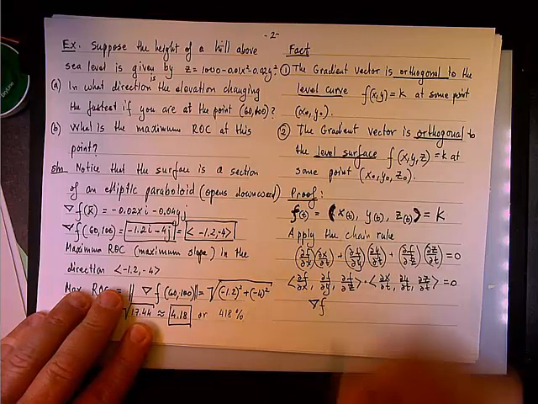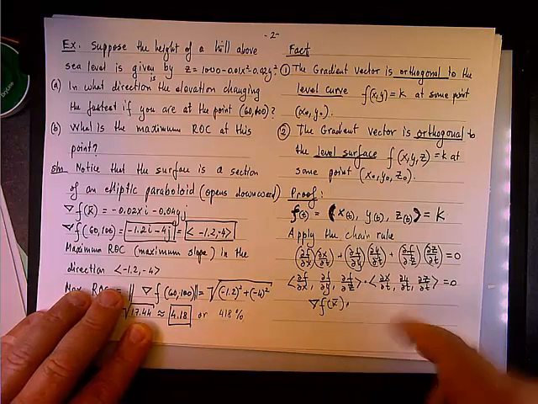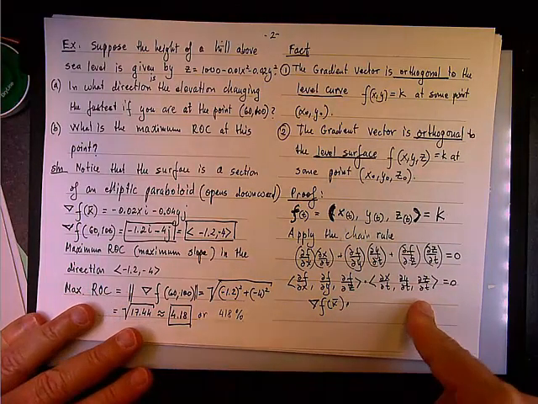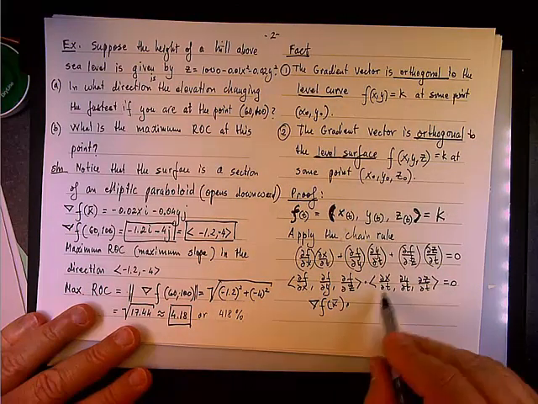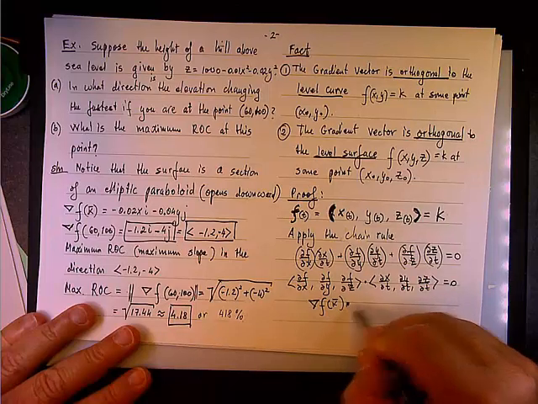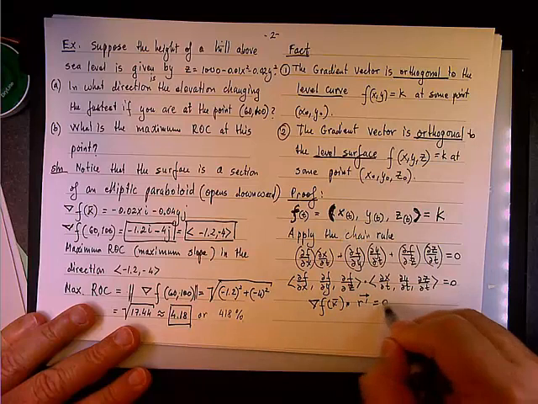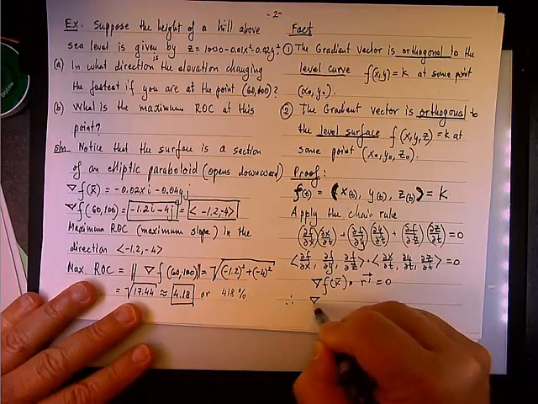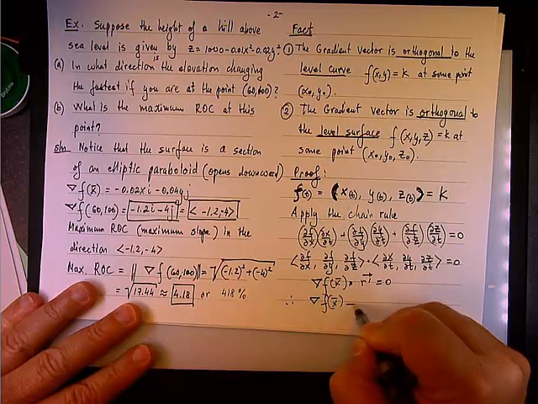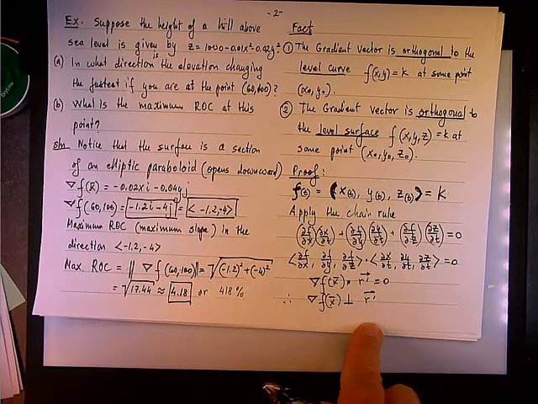On the left side, what we have is the gradient of f. What is the other one? What is del x, del t, del y, del t, del z, del t? What kind of vector is that? It's the derivative of a vector r, and the dot product is equal to 0. So the conclusion is the gradient vector is perpendicular to r prime.